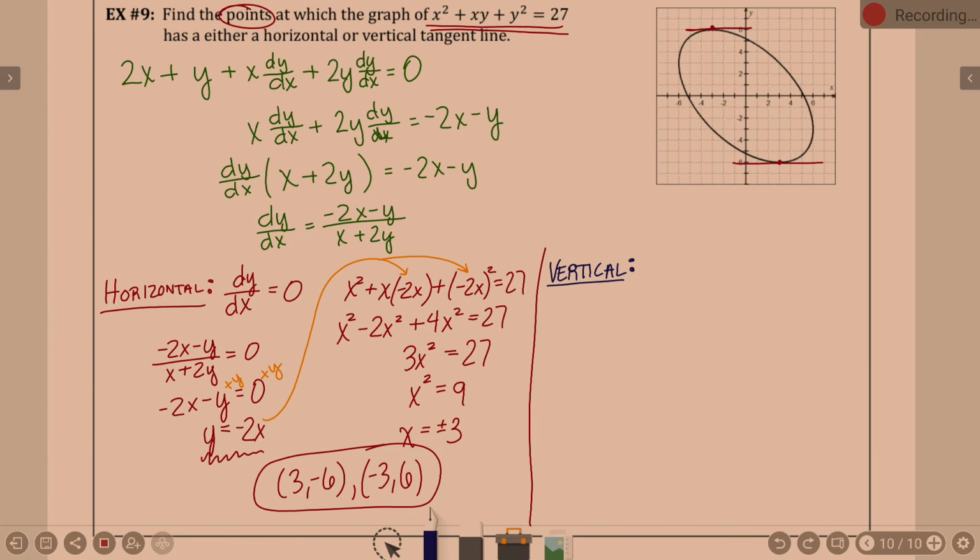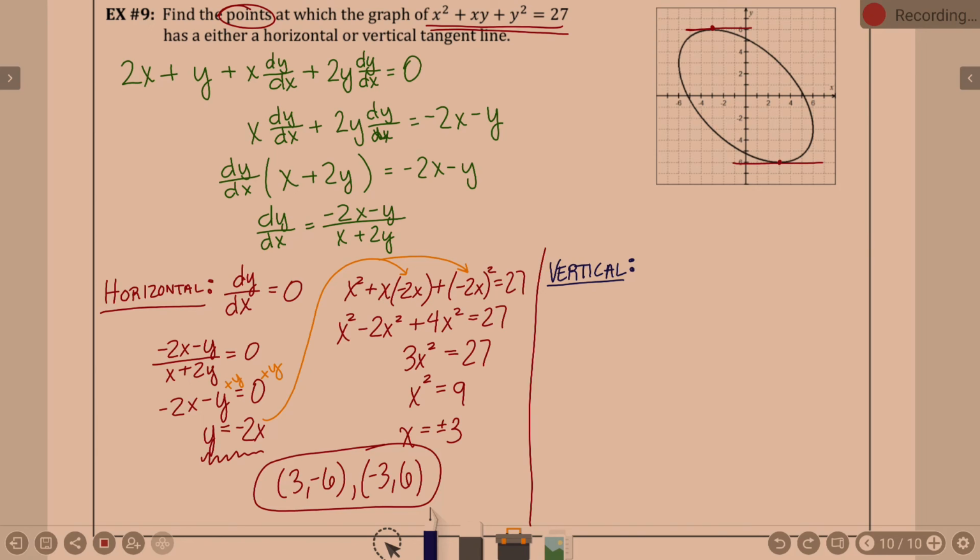What do we know about vertical tangent lines? What do you know about the slope? Slope is undefined or does not exist.